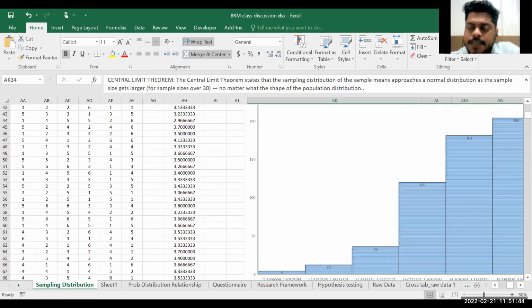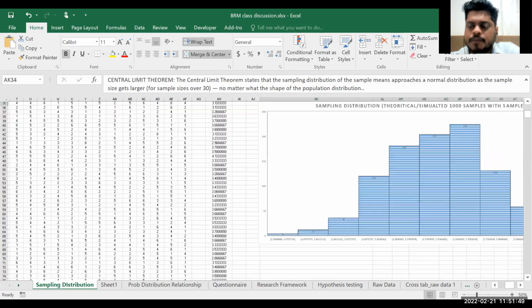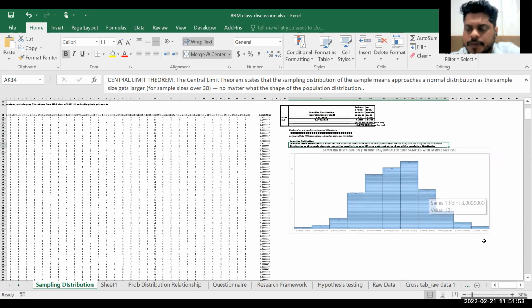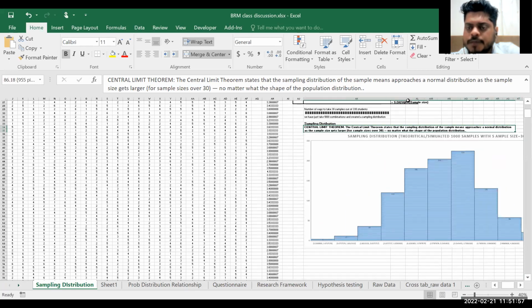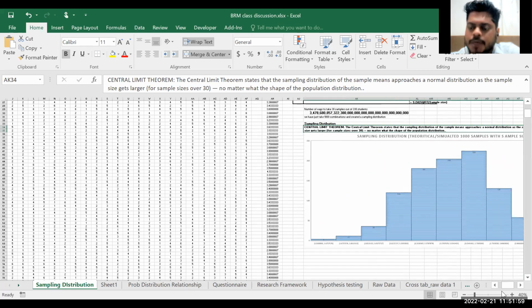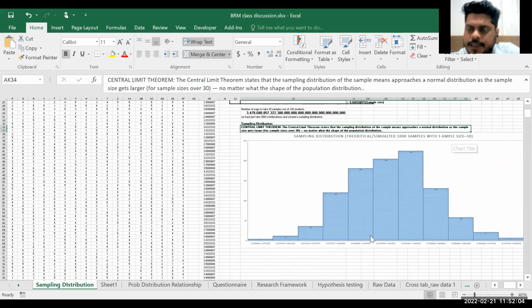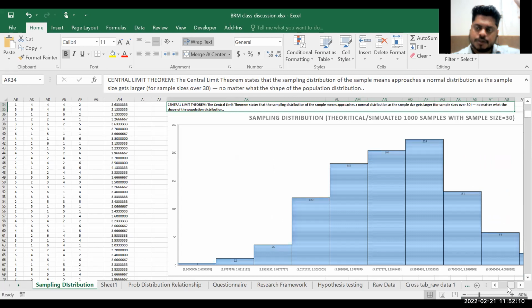It is not that you are collecting that many samples. I have only taken 1,000 samples and it is almost normal. It is not perfectly normal, because for that I would have to take a very big number of samples. But by taking only 1,000 samples of sample size 30, I'm creating a distribution which is almost normal.